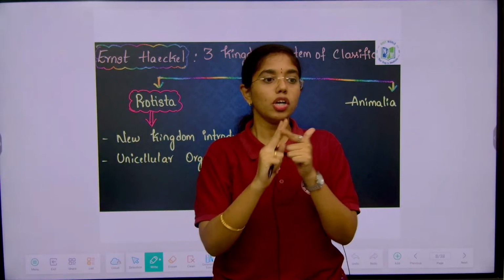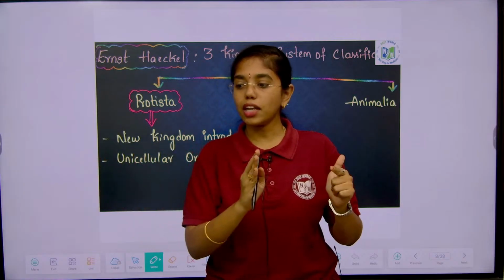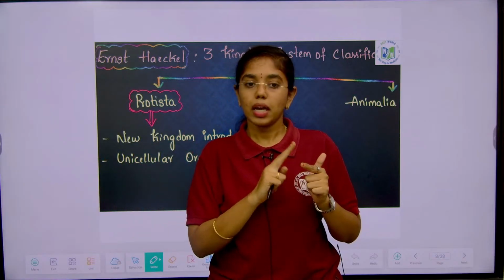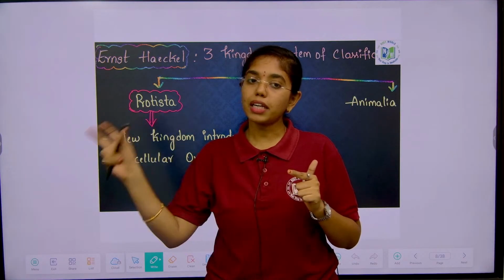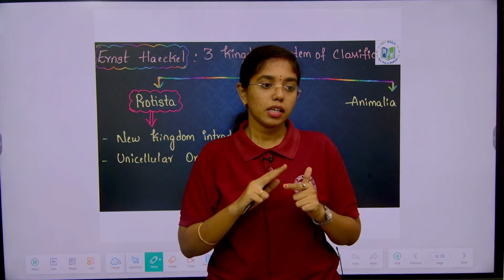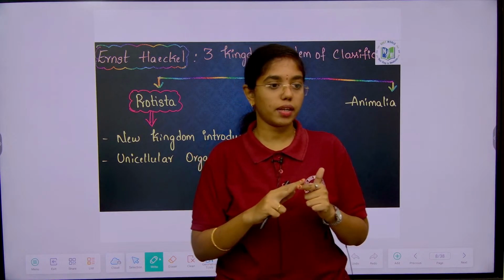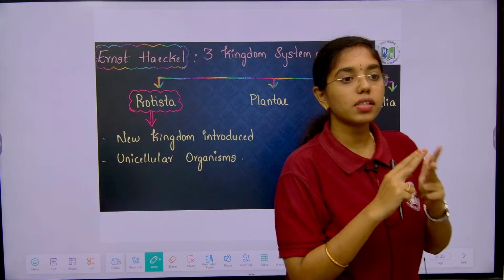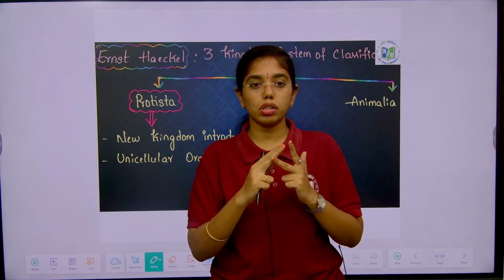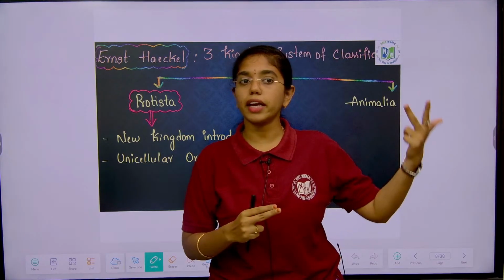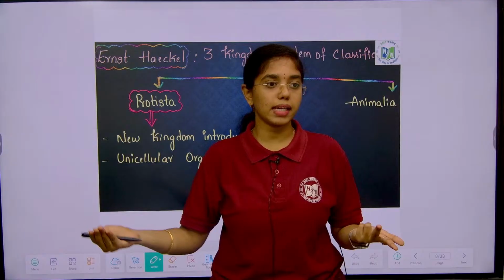Second exception, unicellular placed along with multicellular: unicellular like Chlamydomonas, Chlorella, Spirulina, and multicellular like Spirogyra, Ulothrix. And next, photosynthetic placed along with non-photosynthetic: photosynthetic you can take any of the divisions of the plant kingdom, non-photosynthetic, fungi is the example.